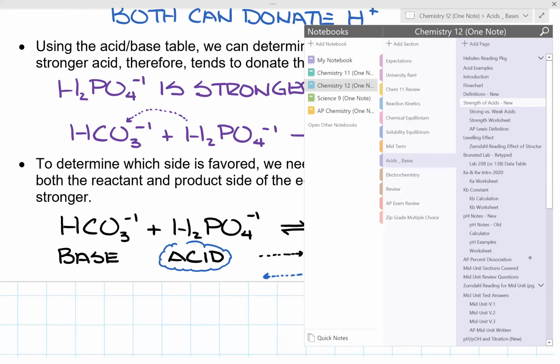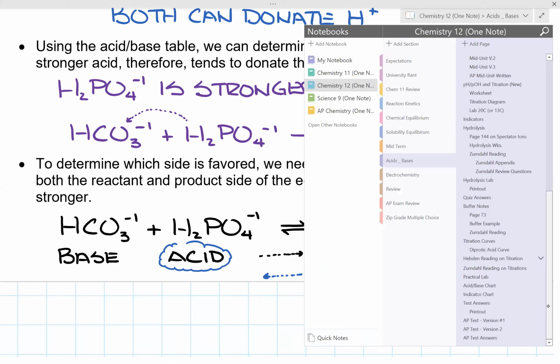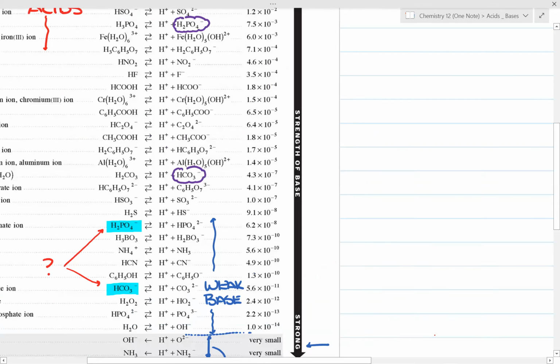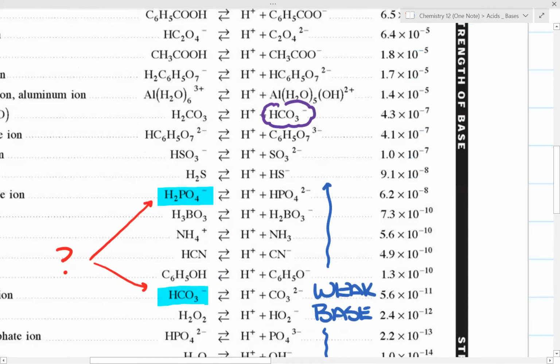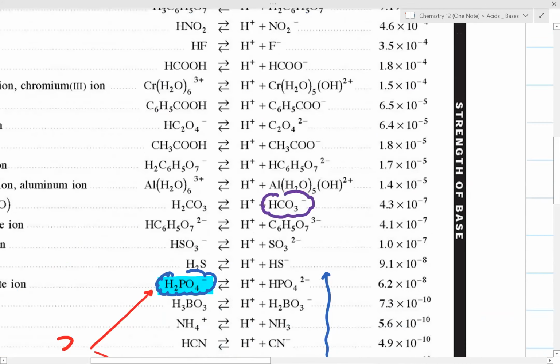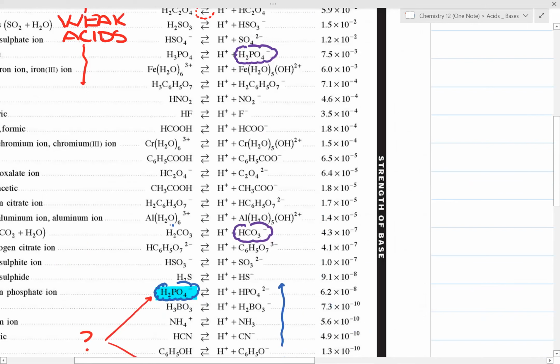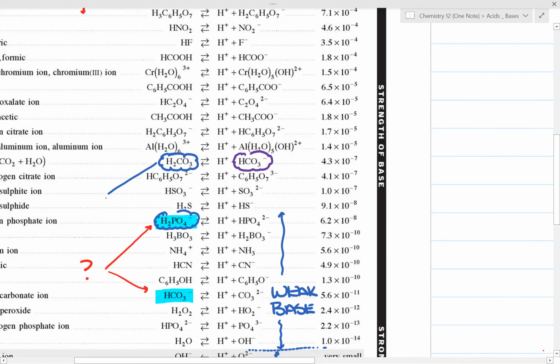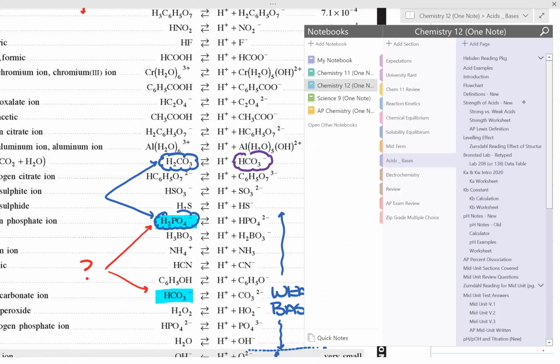So if we take a look at our acid-base chart, what you want to do is compare your H2PO4 versus your H2CO3. So in this particular case, you notice that H2CO3 is the stronger acid.